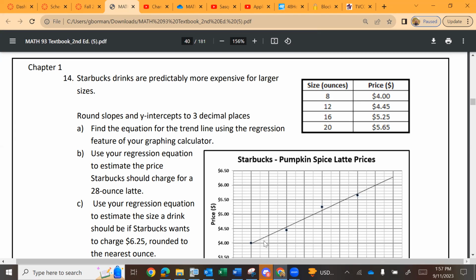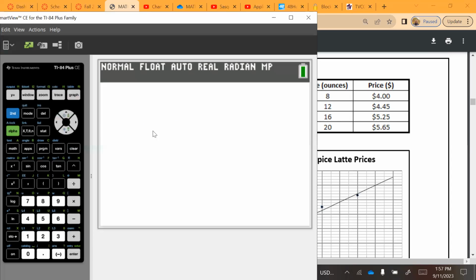One way to do that is to pick a couple of points and then just do it by hand. Another way, which we're going to do a lot of, and plus it says use the regression feature on your calculator, is we're going to use the regression feature, which is slick as snot.